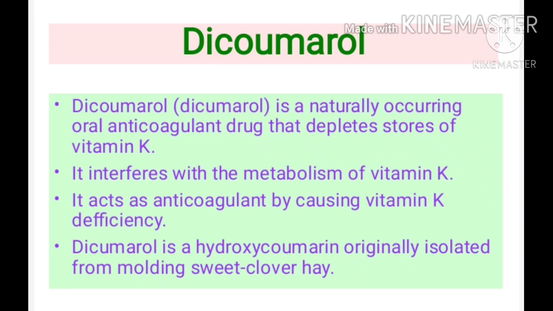When there is a deficiency of vitamin K, it will adversely affect the normal process of blood clotting. You know that any substance which has the capacity to inhibit normal blood clotting can be called an anticoagulant. So my point is that dicamarol acts as an anticoagulant by depleting vitamin K synthesis, isn't it? Okay. And this dicamarol, I already said, is a hydroxycoumarin originally isolated from molding sweet clover hay plant.